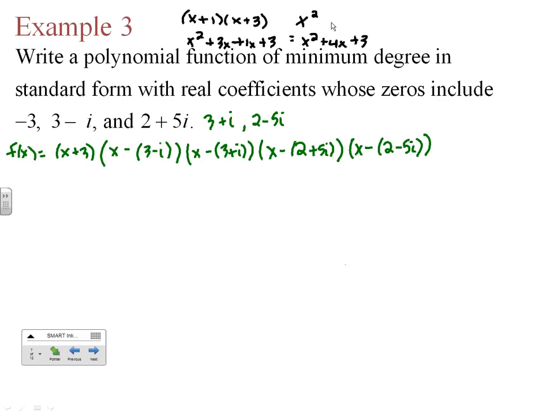My middle term is what I got when I added the two numbers 1 and 3 together, and then I put an x. And then my last number is what I get when I multiply the two numbers together. See how that works?